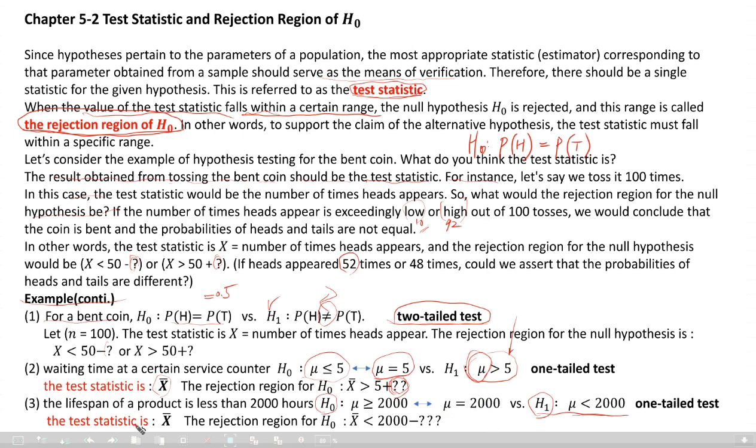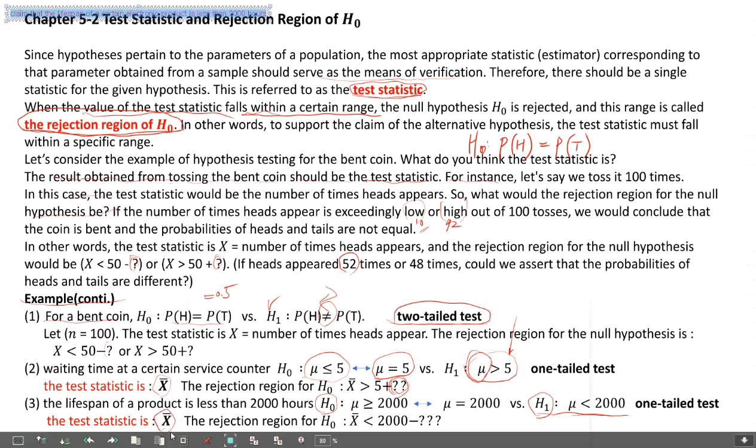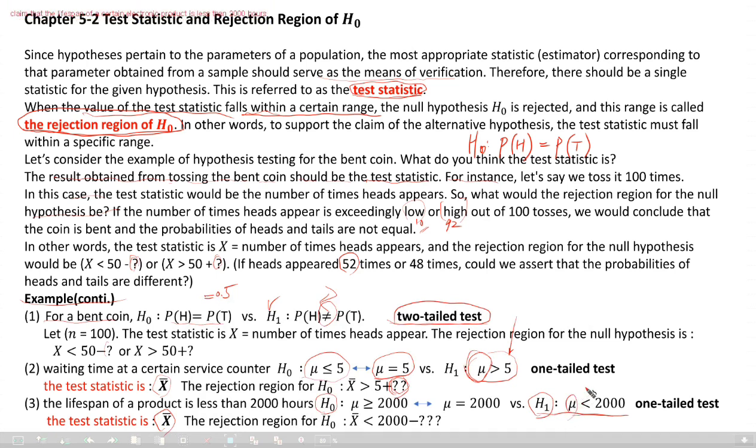The test statistic is the same thing, X bar, because the hypothesis is about the mean. The rejection region for H0 is just one side, one way: X bar less than 2,000 minus a triple question mark, some value. We will decide what this value is in hypothesis testing. It is not that hard, I think.